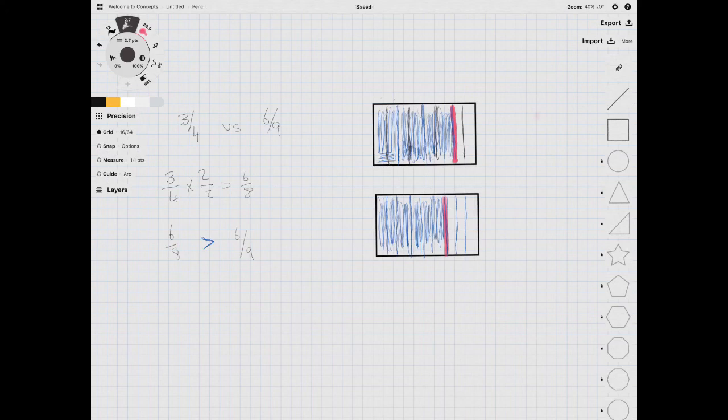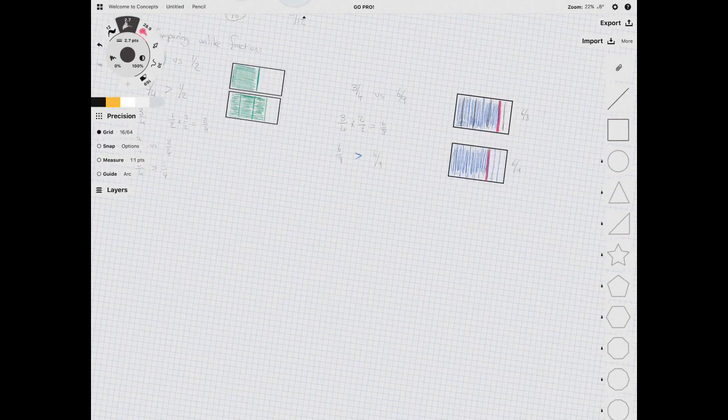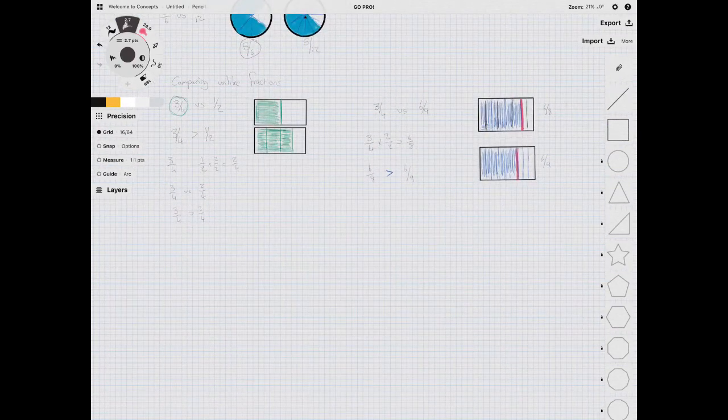So this is our equivalent fraction 6/8. This is our fraction 6/9. Which one of these fractions is bigger? Well, as we said before, 6/8 is greater than 6/9. And so this is how we compare unlike fractions.